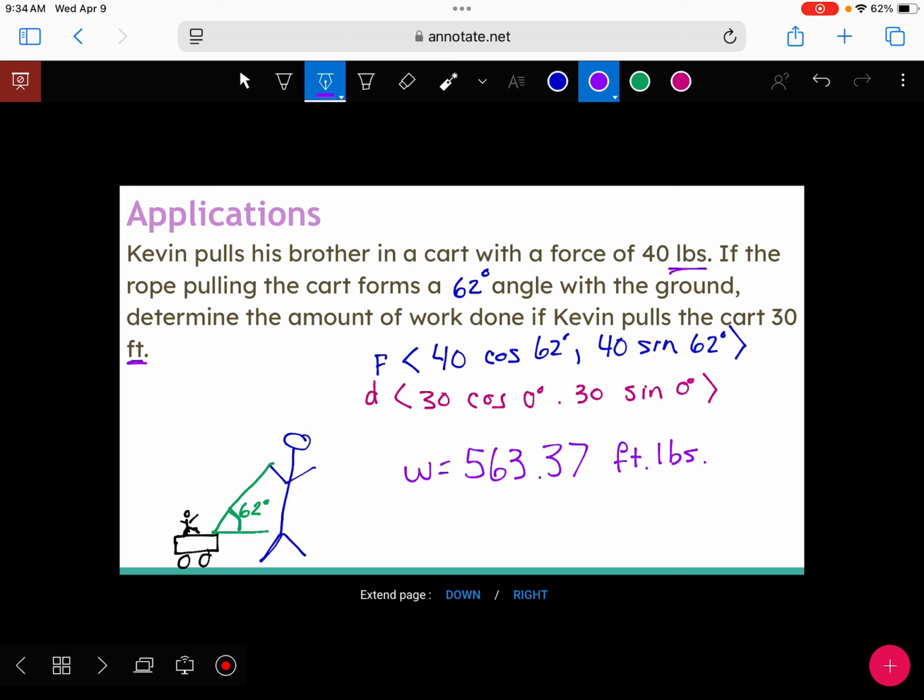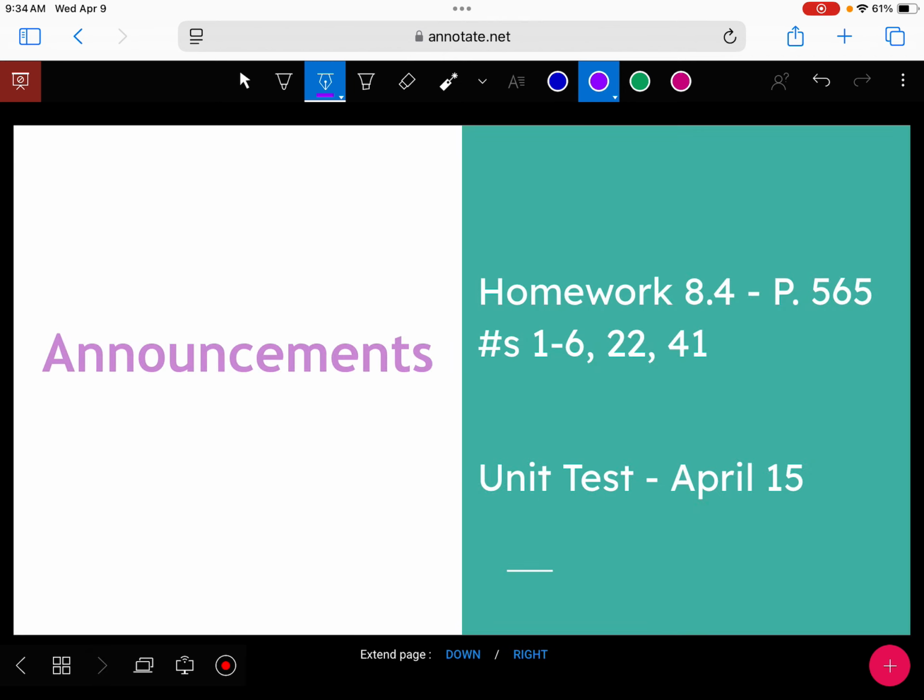All right. So what I'm going to pass out next is the chapter review. This is the everything review. I've got up here the stuff for the homework for 8-4, and you're getting your review right now.